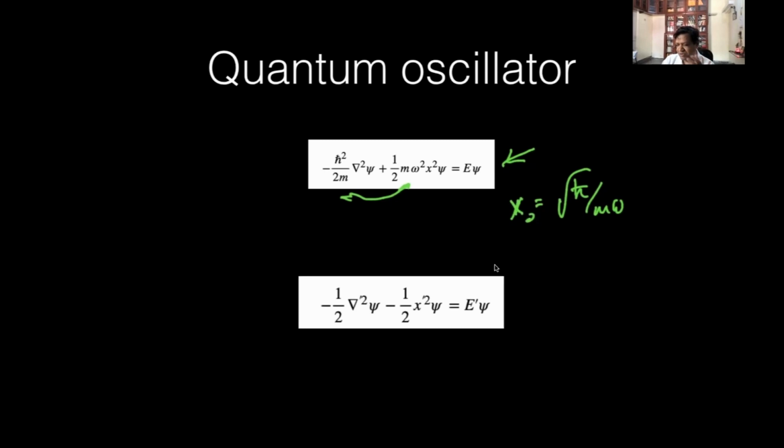Okay, if you non-dimensionalize using that length scale, energy E prime is E by h bar omega. So this is the equation. If I now use these two scales of the system, I will get this equation. Okay. And we solve this equation in computer. And it has solutions, I mean, of course, exact solutions.